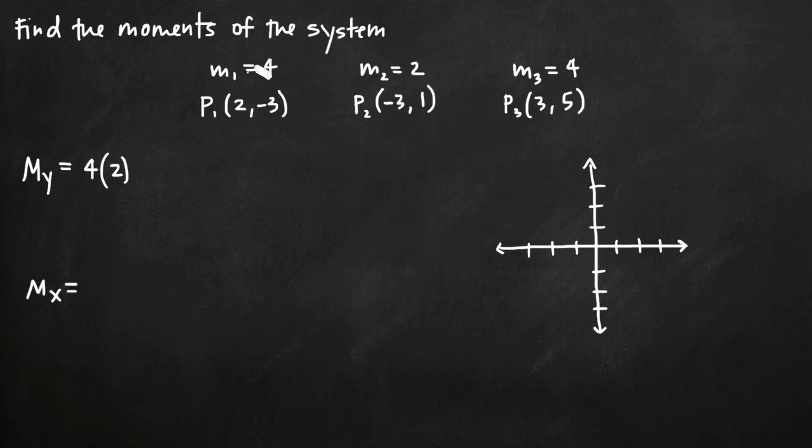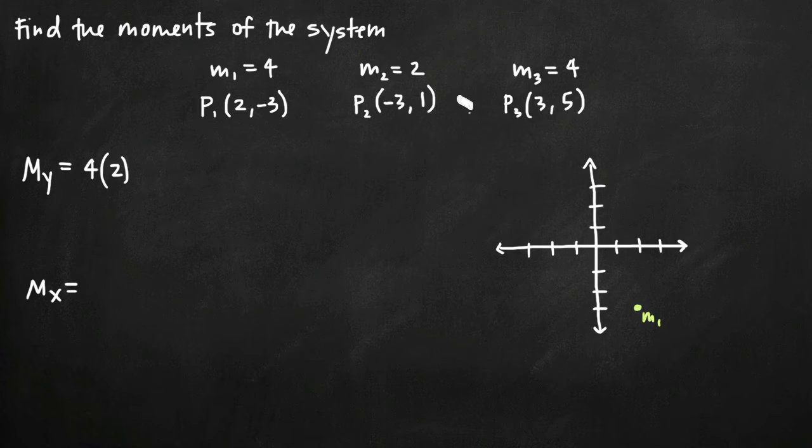So if we say m1 is at 2, -3, so that mass is right there, m1, and you can see that if we go directly to the y-axis, 1, 2, this is a distance of 2 away from the y-axis. So that's how we know that it's 2 units away from the y-axis.